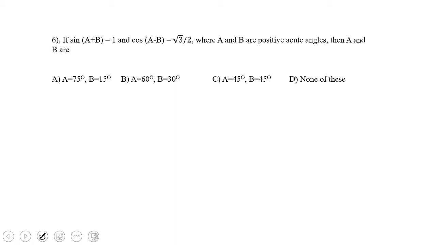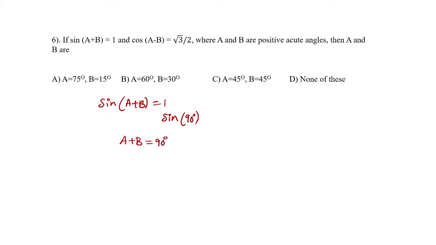Here sine of A plus B equals 1. Given that, 1 means sine 90 degrees. So from LHS and RHS we can conclude that A plus B equals 90 degrees.